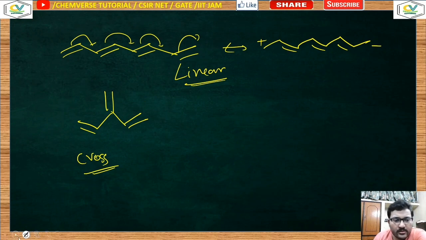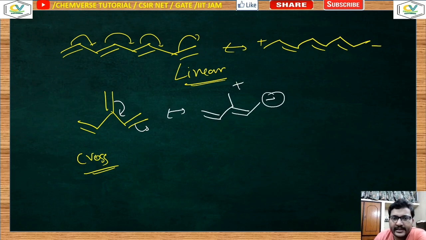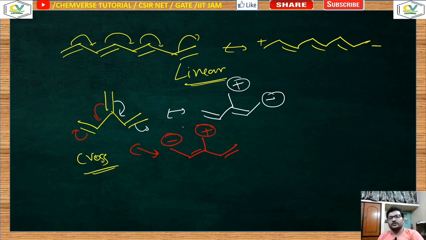Cross conjugation means, if you take a look at this, it can come here to produce this kind of resonating structure. This will be negative and positive over here, and there's a possibility that it can go here also. By going there, it can form this kind of system where there will be a negative charge over here and a positive charge over here.